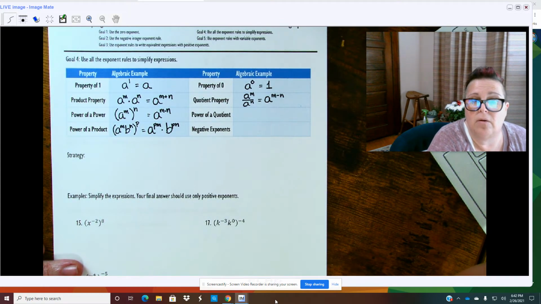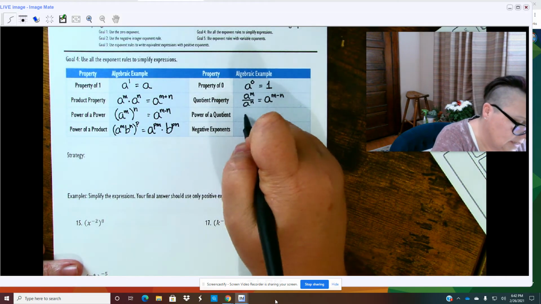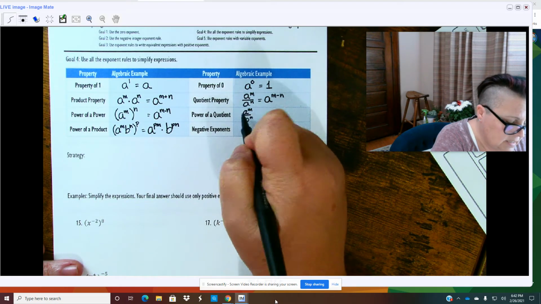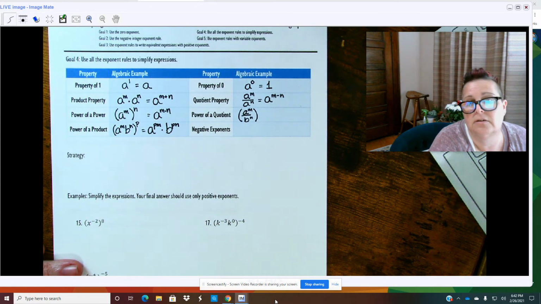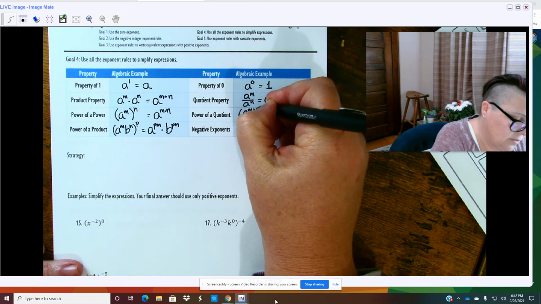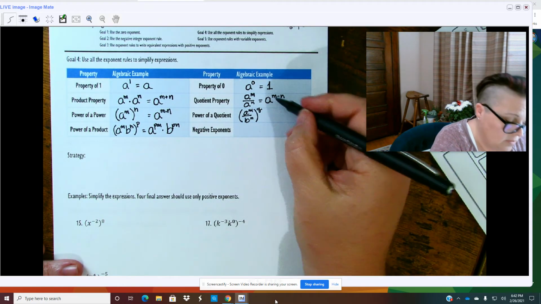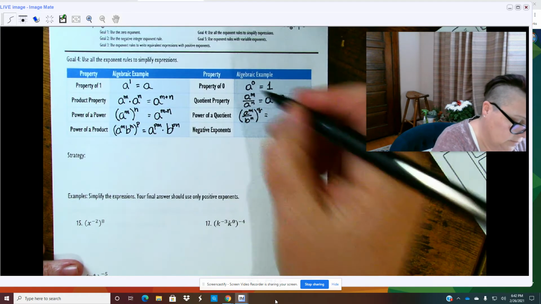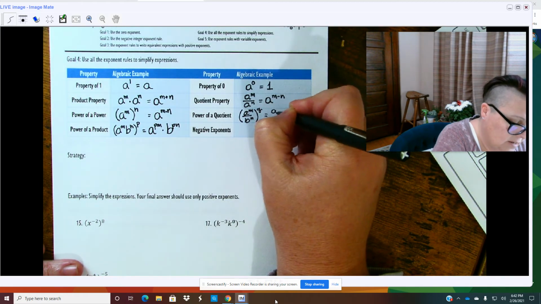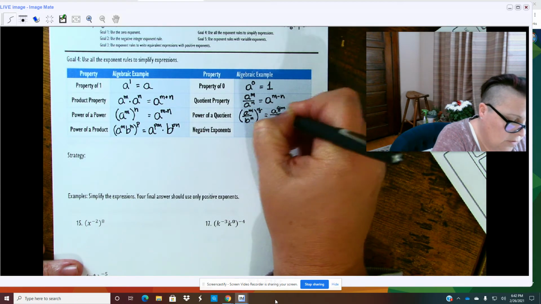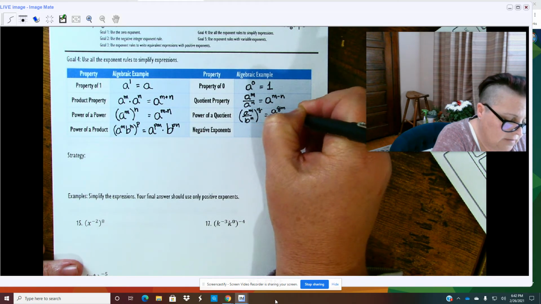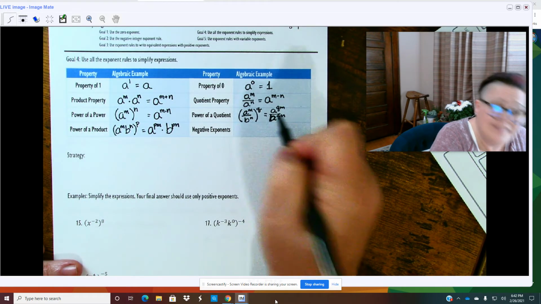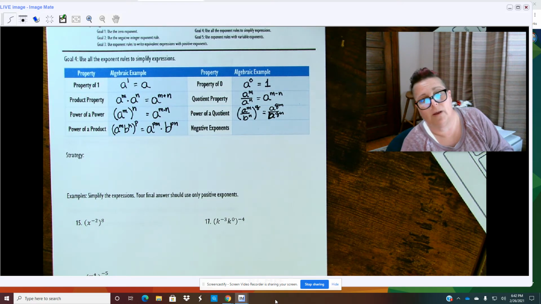The power of a quotient says if you have a^m divided by b^n, and you're taking this to another additional power q, this is the same as the quotient of the powers. So this is the same as a^(qm) over b^(qn). Sorry, that's a b. The bases are not the same. If the bases were the same, we go right back to the quotient property.